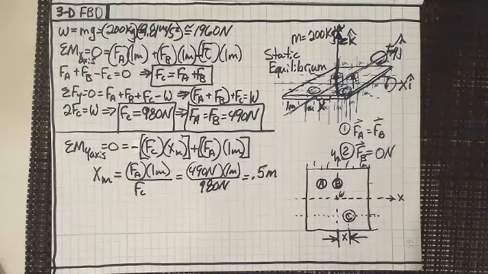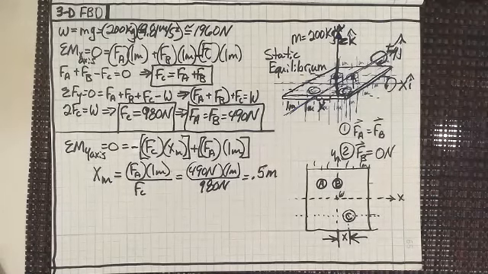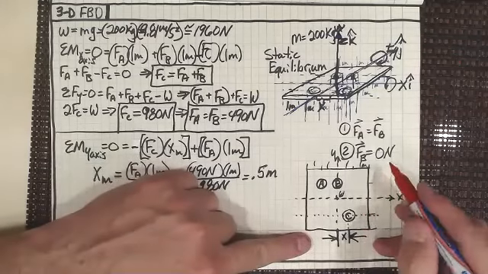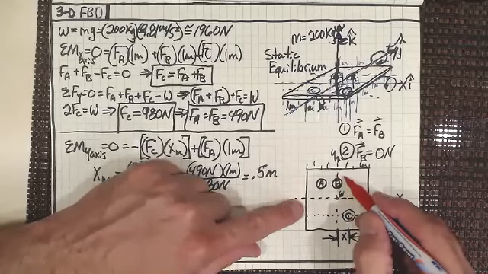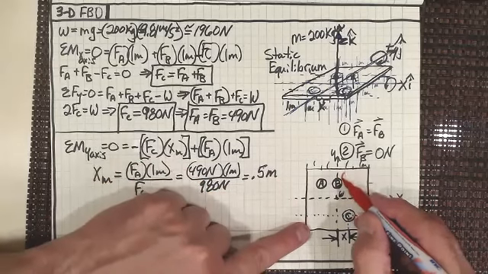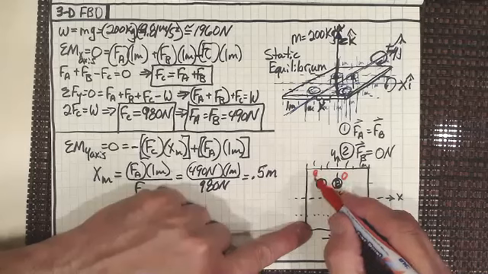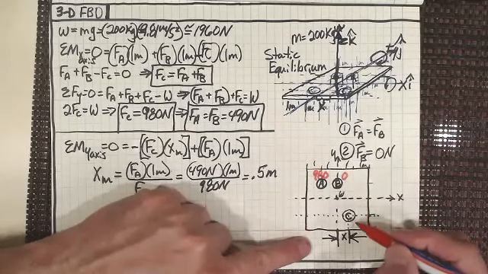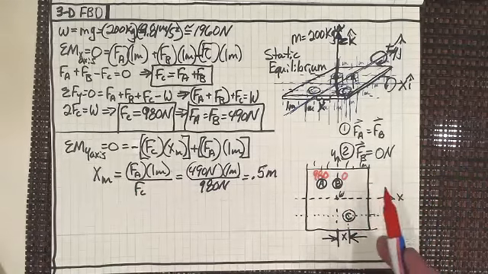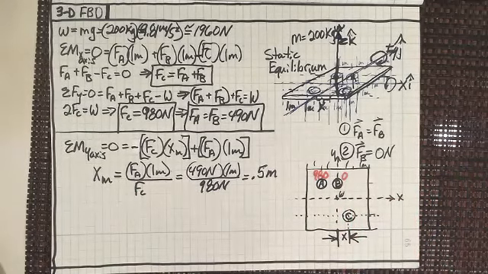I wish I had a good color, but I'll just have to use red. What if this was going to be 0 and this was going to be 980? Where would I put C then? Where would I put C?